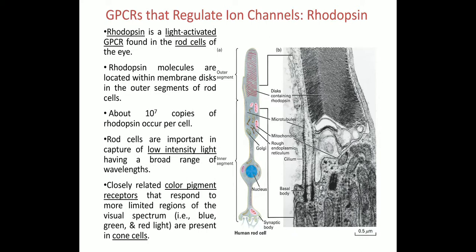Then rhodopsin. The human retina contains two types of photoreceptors, rods and cones, which are the primary recipients of the visual stimulation. Cones are involved in color vision, and rods are stimulated by weak light like moonlight over a range of wavelengths.